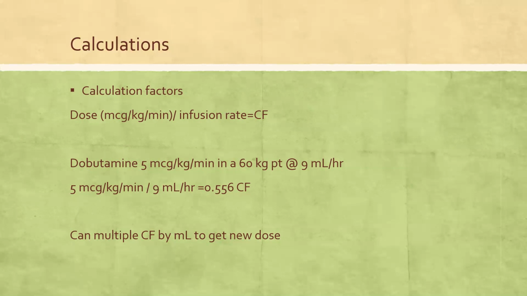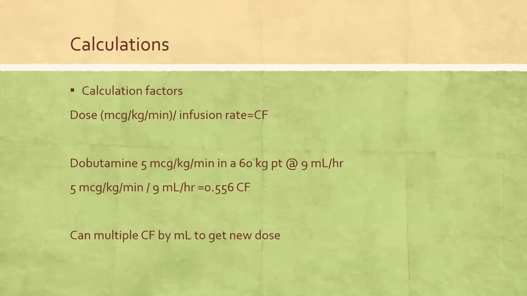So let's say instead I walk in and the IV is set at 18 mils per hour or 15 mils per hour or something else. What I can do is multiply whatever the milliliters per hour is, and I can come up with the dose.